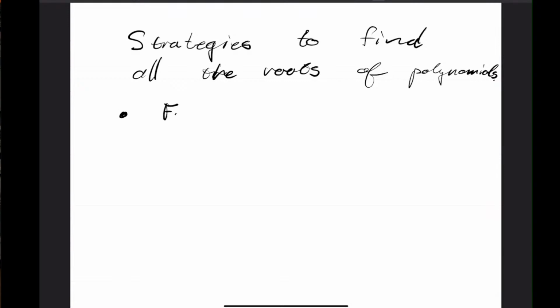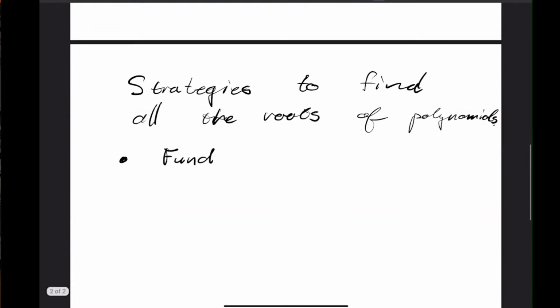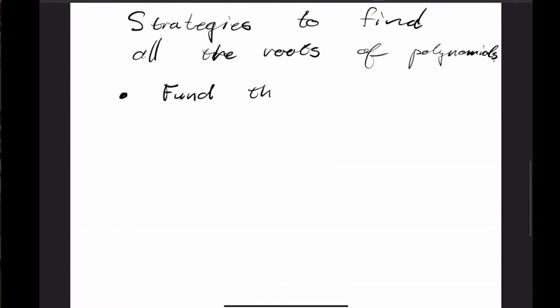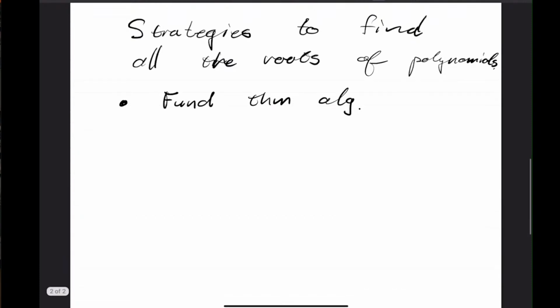First of all, the fundamental theorem of algebra tells us how many roots we're looking for. All we do is look at the degree of the polynomial. That tells us how many roots counted with multiplicity we are looking for.